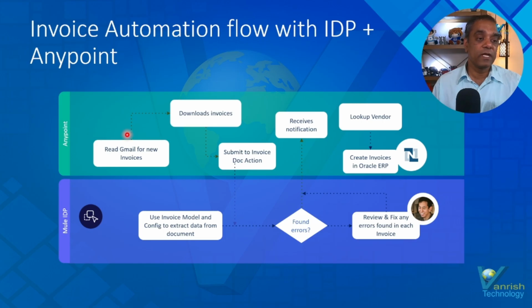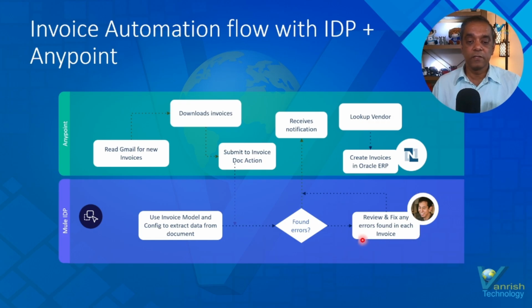Similarly, it goes to Anypoint Platform, reads Gmail, downloads the invoices, and submits the invoice to perform the action. This is the workflow, and then the information goes to NetSuite.